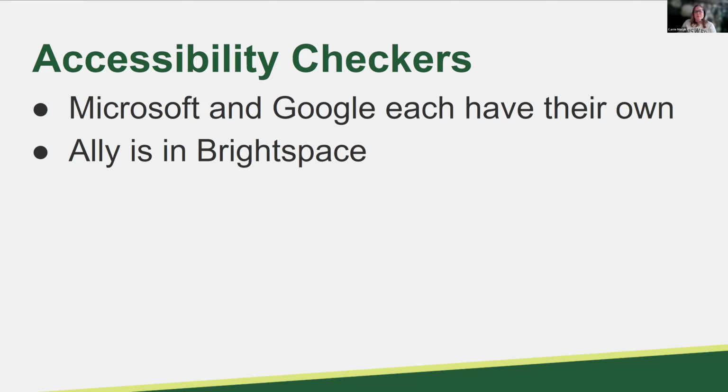Just remember, it is a guide. Do not solely rely on these checkers. There are ways to work around it to make it look like it's accessible, and it is not. So you still do need to understand the basic principles of accessibility, but it does help in certain circumstances. And if you don't have an accessibility checker, it's something to investigate and look into getting.